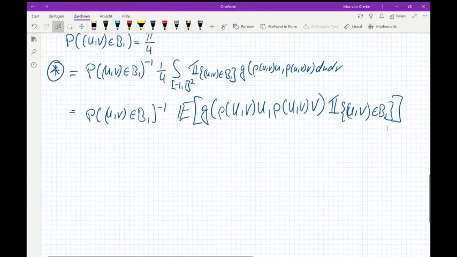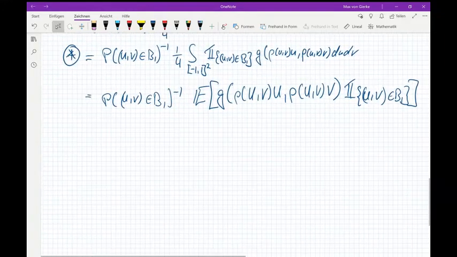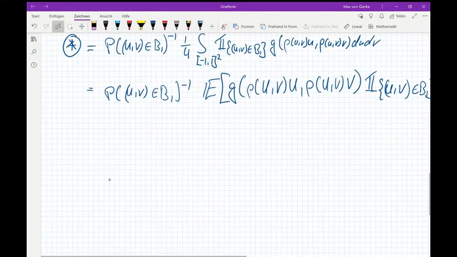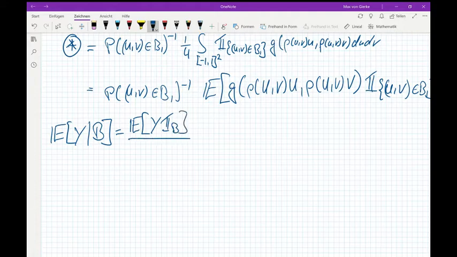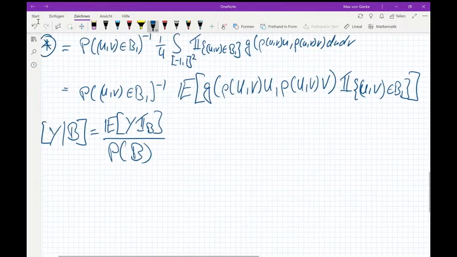But if you look at conditional expectations, the general formula for conditional expectations is this: we have some random variable Y conditioned on the event B, and the conditional expectation is just the expectation of Y times the indicator of B over the probability of B, which is exactly what we have up here.